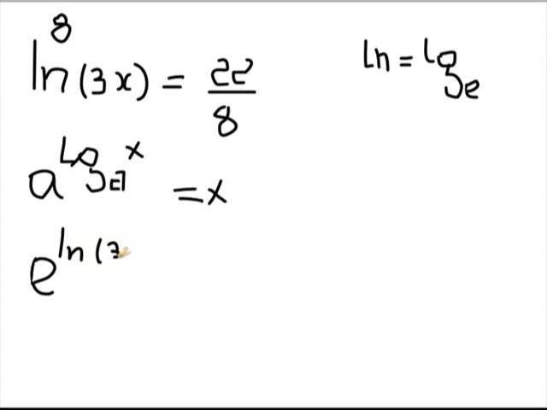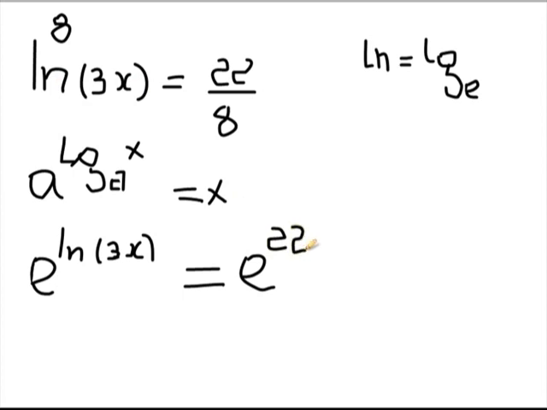So I just raise e to the power of the first side, and I'm gonna raise e to the power of the second side, right? Since they are equal, I can raise e to this power.